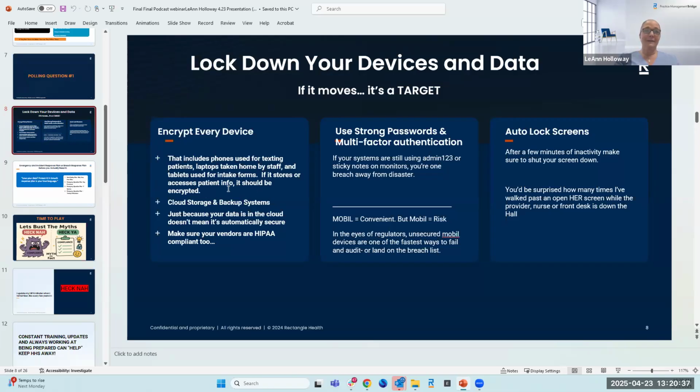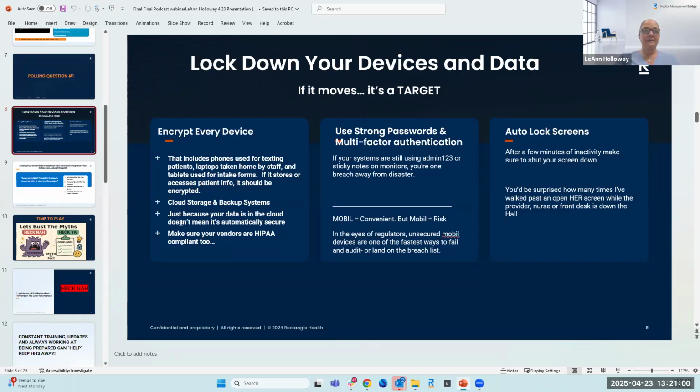We can't do that. This includes texting patients, laptops taken home by staff, and tablets used to intake forms. If it's stored or accesses patient info, it should be encrypted. Unless you're encrypting your phones, which I'm not sure how, don't use those cell phones.